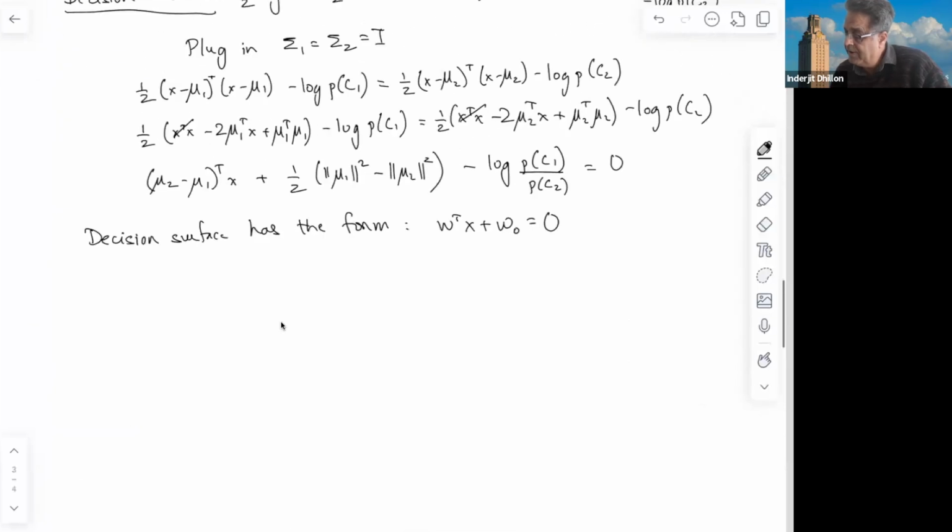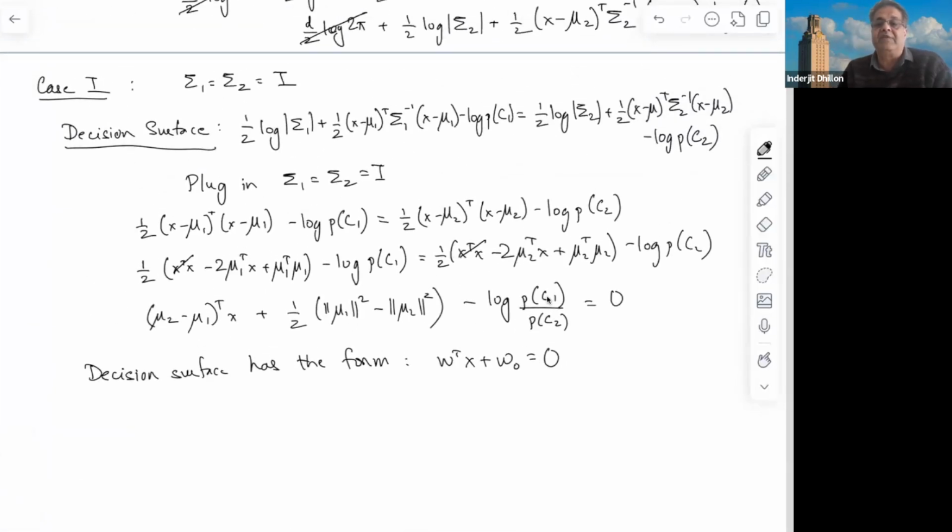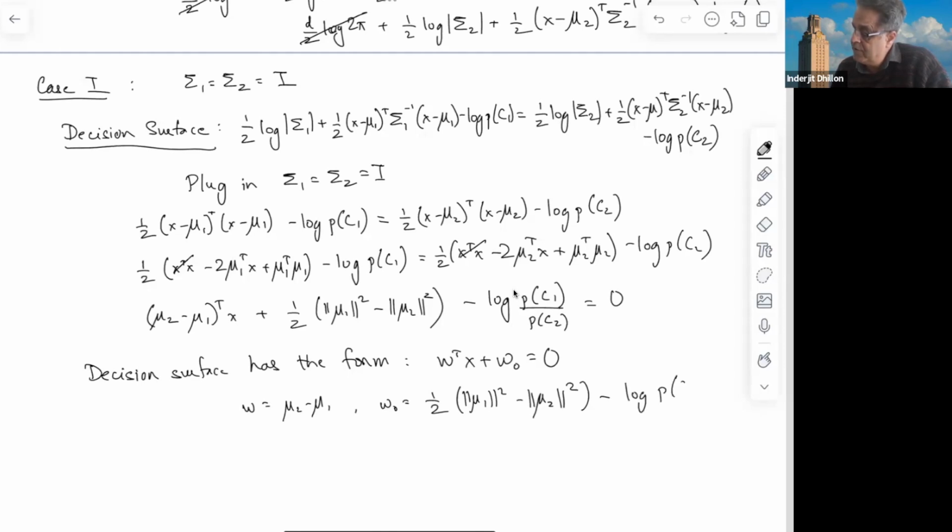But if they are not, then we see that we need this adjustment factor. So I have W equal to mu2 minus mu1, and W naught equal to 1/2 (mu1 squared minus mu2 squared) minus log of PC1 divided by PC2.